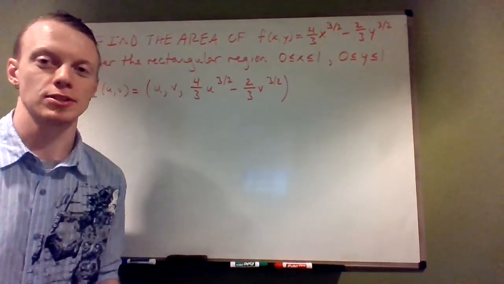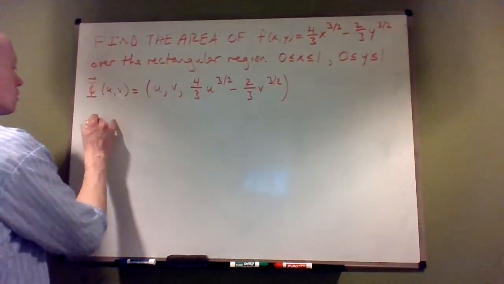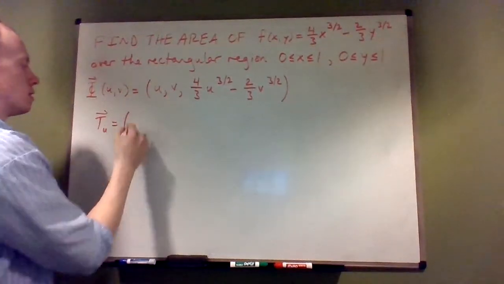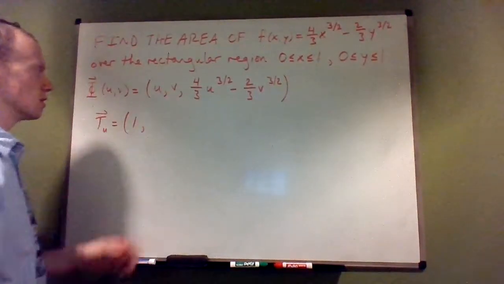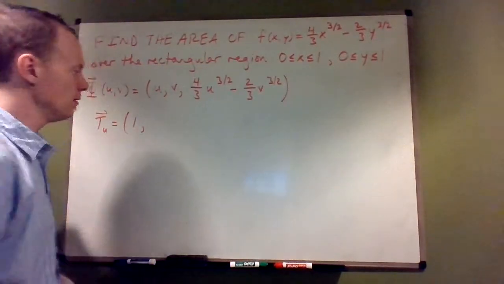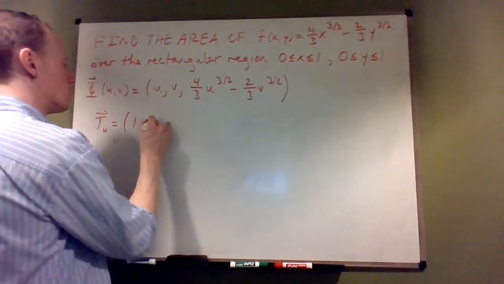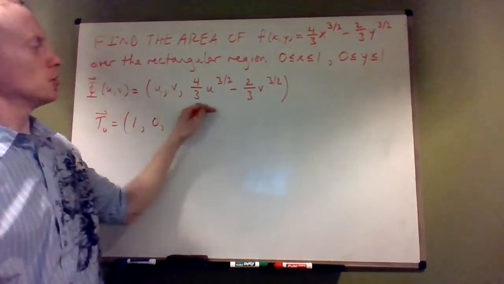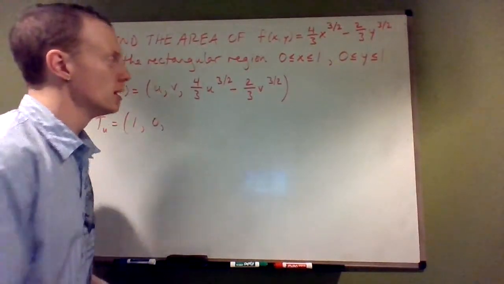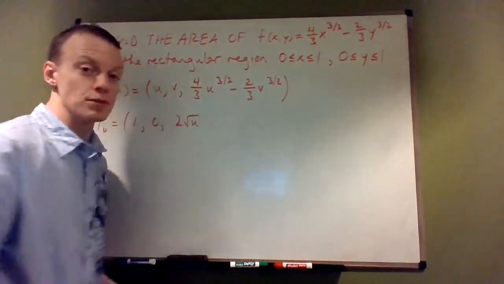We're going to take the partial of capital phi hat with respect to u and v. Those are going to give us our t sub u and our t sub v once again. So partial of u with respect to u is 1. Partial of v with respect to u is going to be 0. And the partial of our third component, or our third coordinate function, is just going to be 2 times the square root of u.